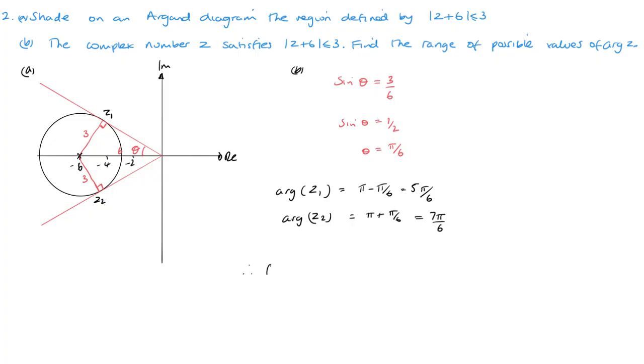Therefore, for any Z satisfying modulus of Z plus 6 less than or equal to 3, arg Z is between 7 pi by 6 and 5 pi by 6. Okay, and that is question 2 complete.